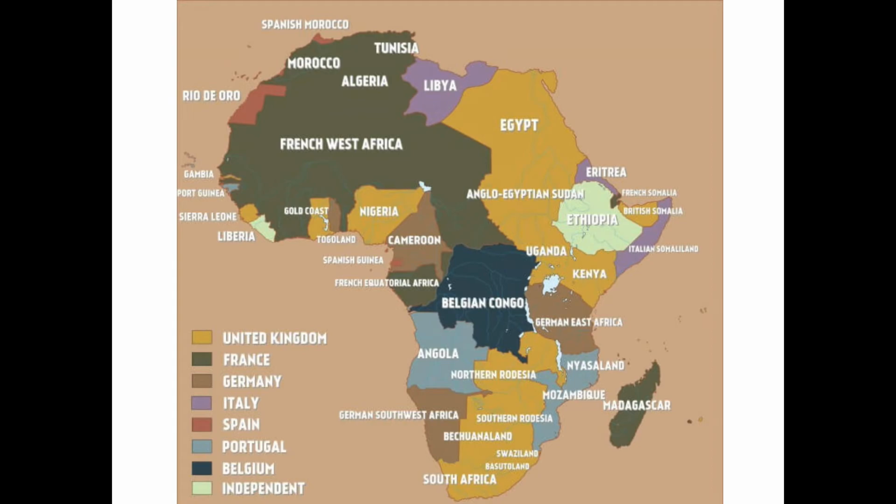And so they started thinking, well, where can we get more resources and where might not put up too much of a fight? And what these European powers did is they divided Africa up, as you can see, and split it between themselves. And for us in this module, this is kind of really where we begin our story.